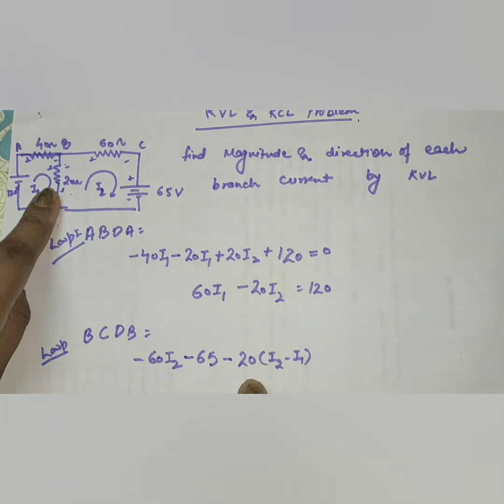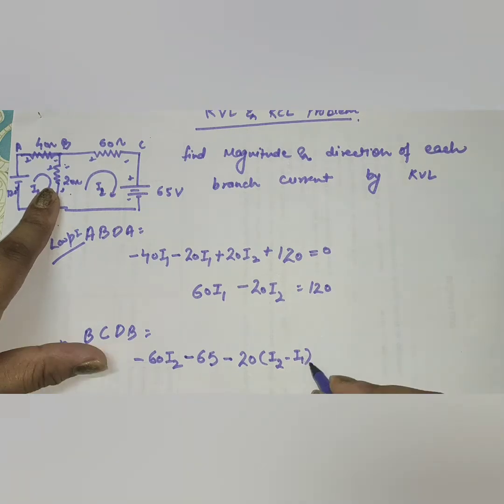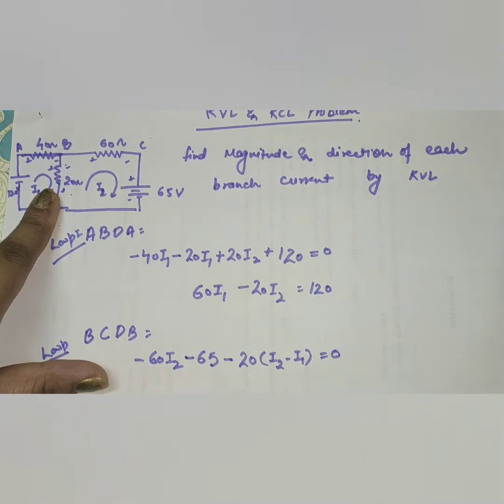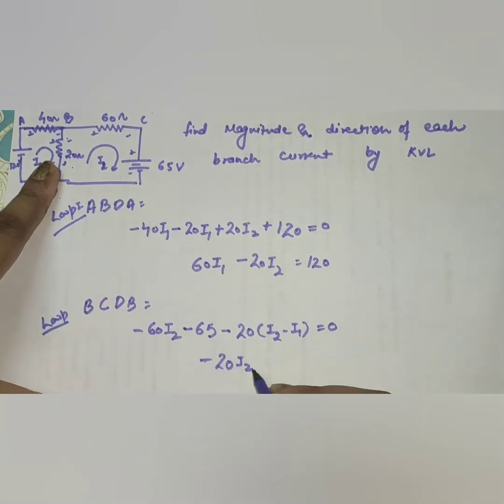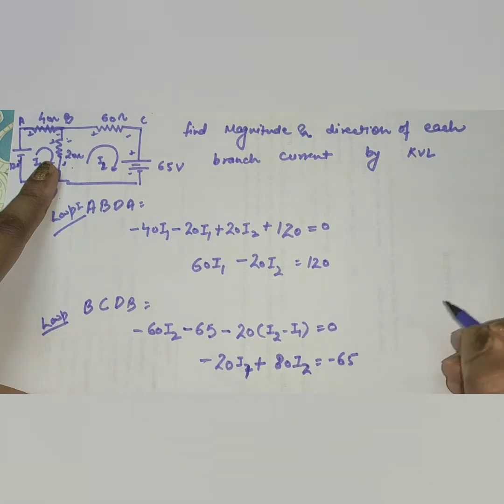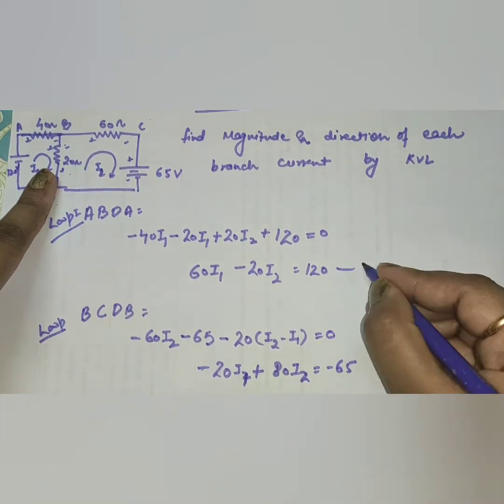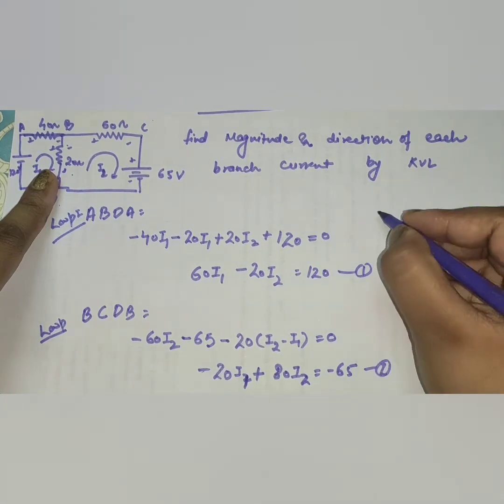If we open this, it equals 0. If we solve this, we get minus 20 I1 plus 80 I2 equal to minus 65. We have got our first and second equation.